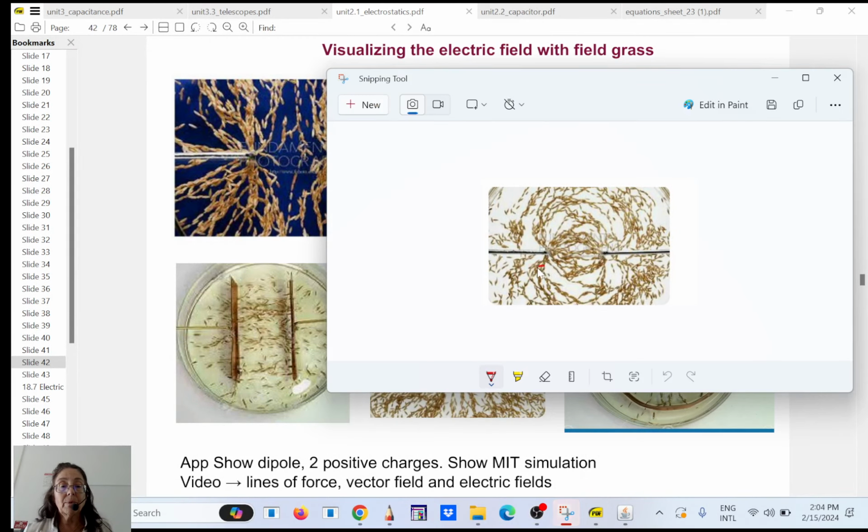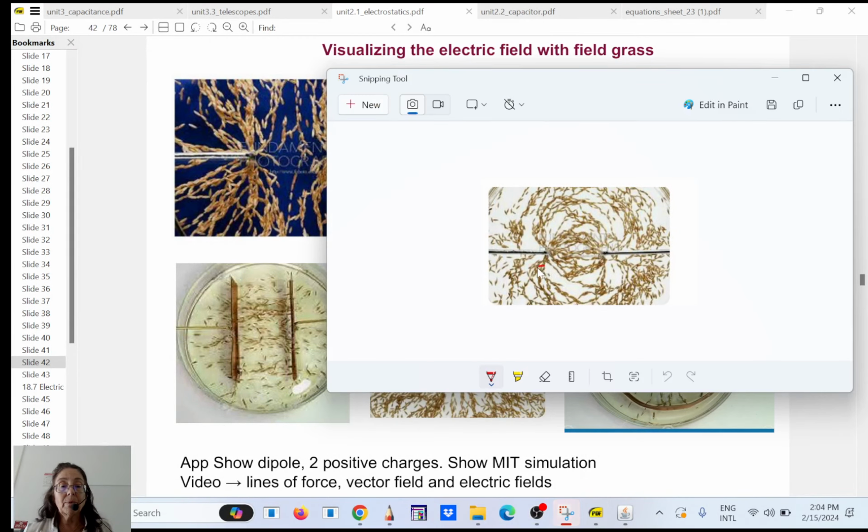An electric field. Is it a scalar or a vector? A vector. What is the magnitude? That will be the force per 1 coulomb. If you have 1 coulomb of charge, it will be acted upon by a force equal to the electric field.